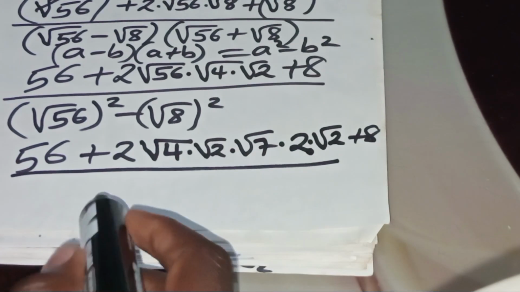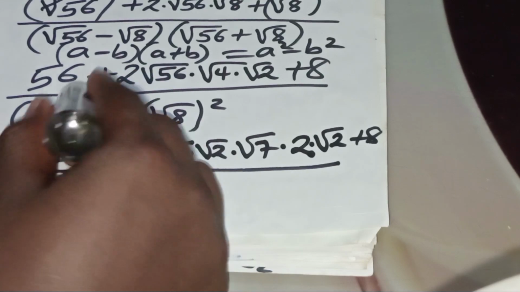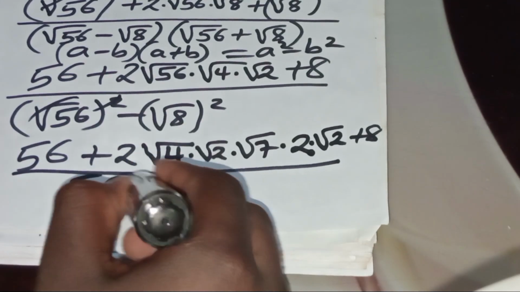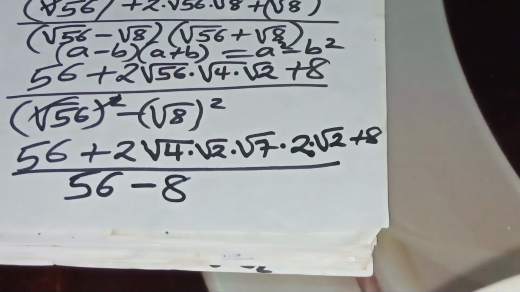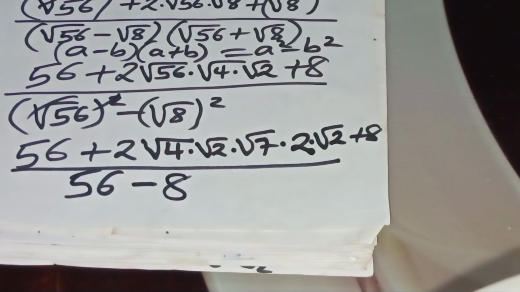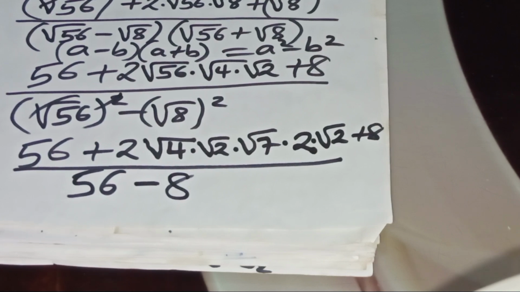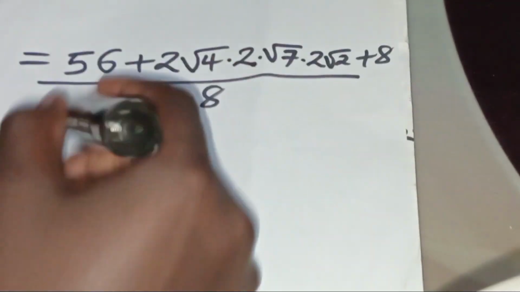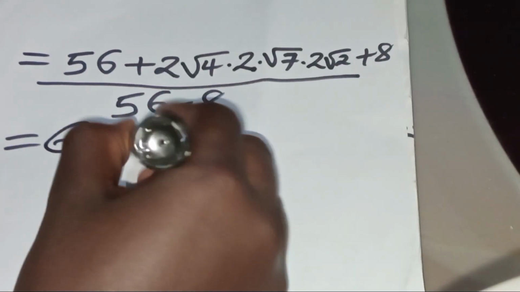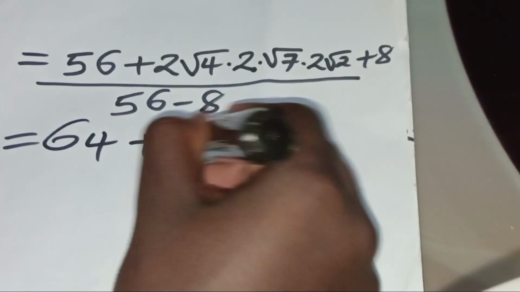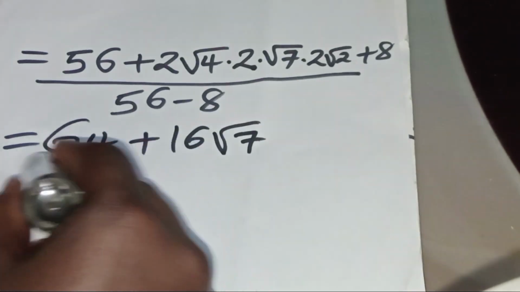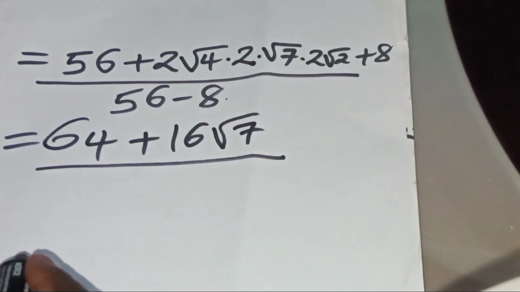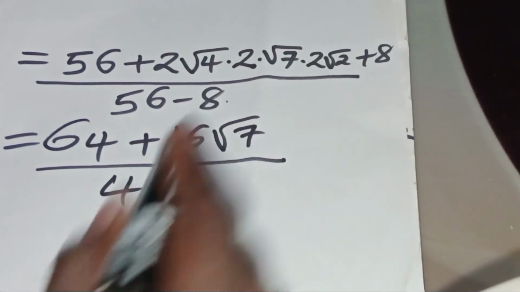All this divided by 56 subtract 8. Now from what we have here, this is 56 plus 8, which is equal to 64, plus 16 square root of 7, divided by 56 subtract 8, which is 48.